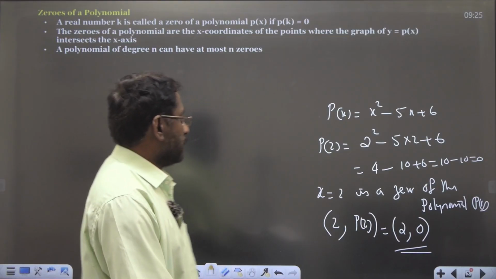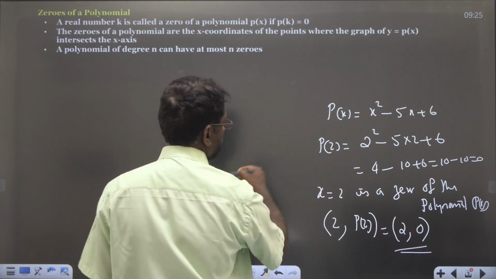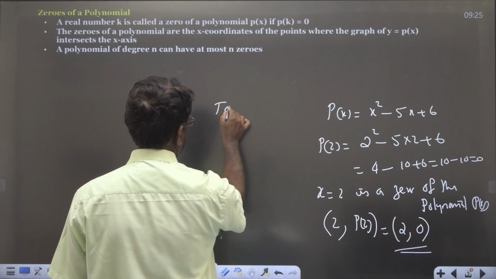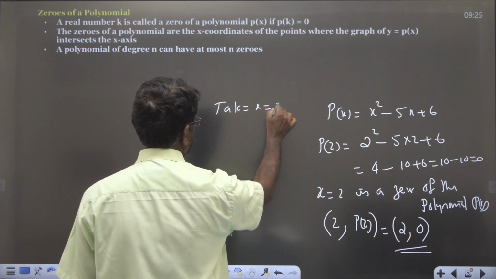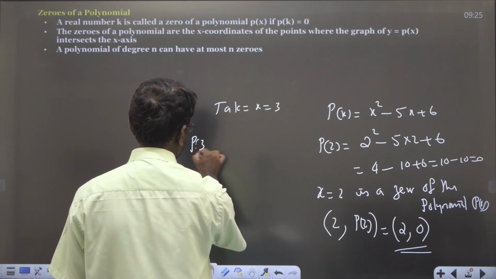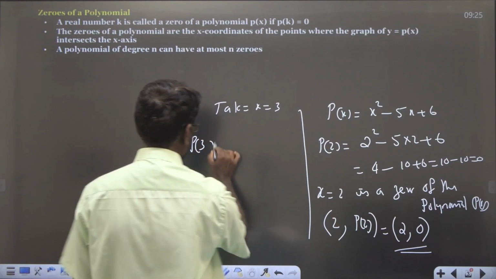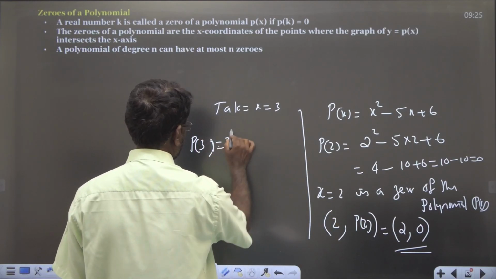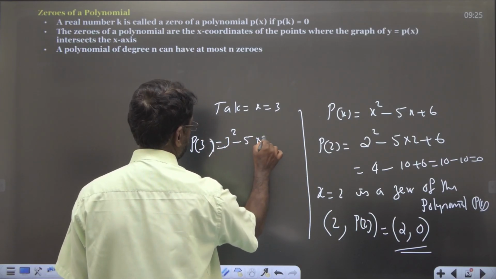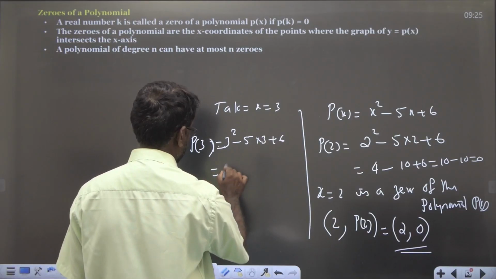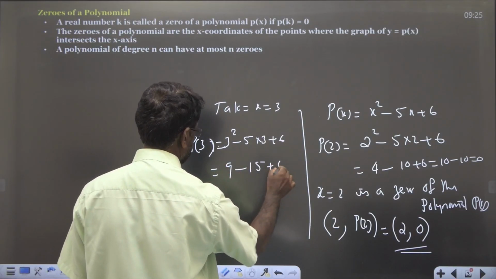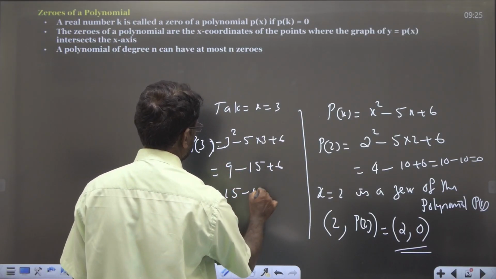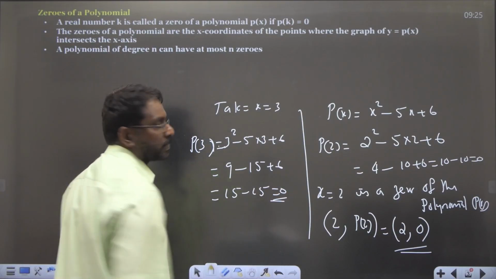Again, take x equal to 3. What is P of 3? In the same polynomial, 3 square minus 5 into 3 plus 6. 3 square is 9 minus 15 plus 6. That is 15 minus 15 equal to 0.